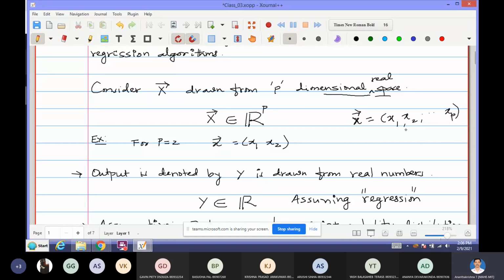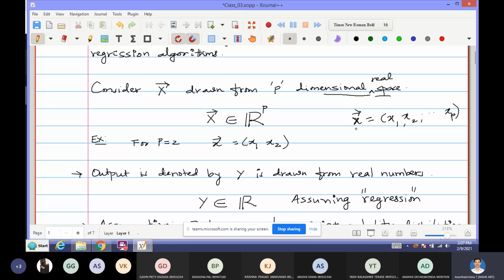Different features. X1 is one feature, x2 is another feature, and so on. Or attributes. In the previous problem, we had seen the attributes such as age of a customer, or it can be income of a customer and things like that. So we have given the examples. Now p-dimensional space, right? So for p equal to 2, we know that.